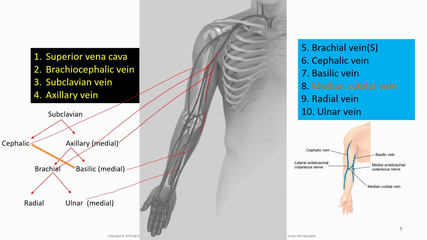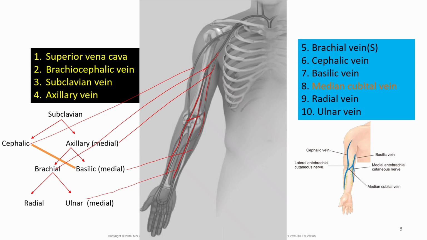And then that brachial vein splits, see the split right here, into the ulnar and the radial. And then somewhere in the middle, they are connected here with the antecubital, the median cubital vein.